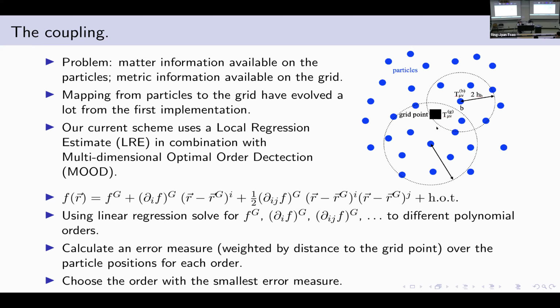We can do that to different polynomial orders: 0th, 1st, 2nd, 3rd order.